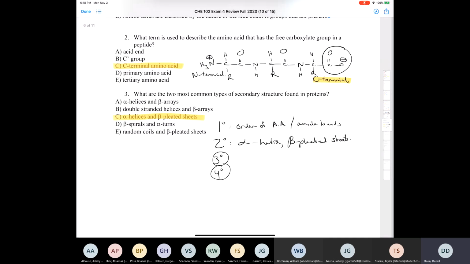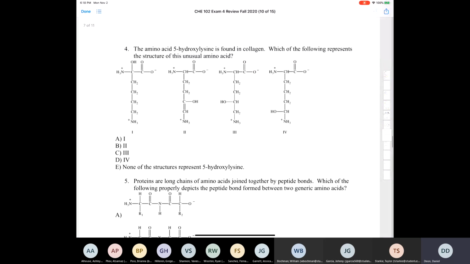Okay, number 4. The amino acid 5-hydroxylysine is found in collagen, which represents the structure of this unusual amino acid. Well, in order to complete this problem, you'd have to have the structure of lysine with you. And so if you needed the structure of lysine, I would provide it.